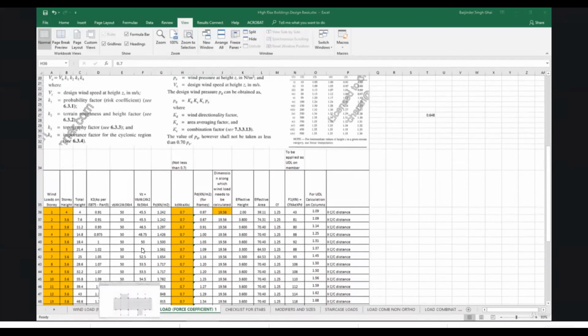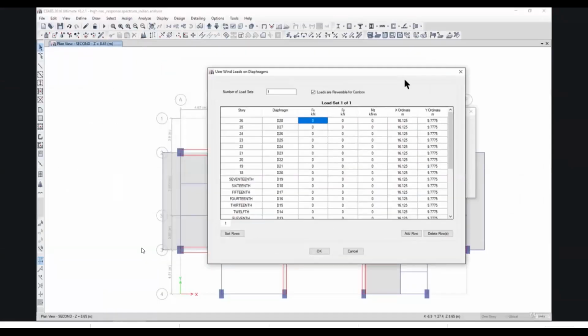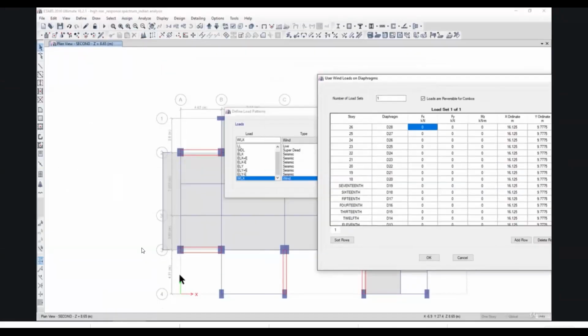After that, in our case, there are two dimensions. One is this dimension and another is this dimension.